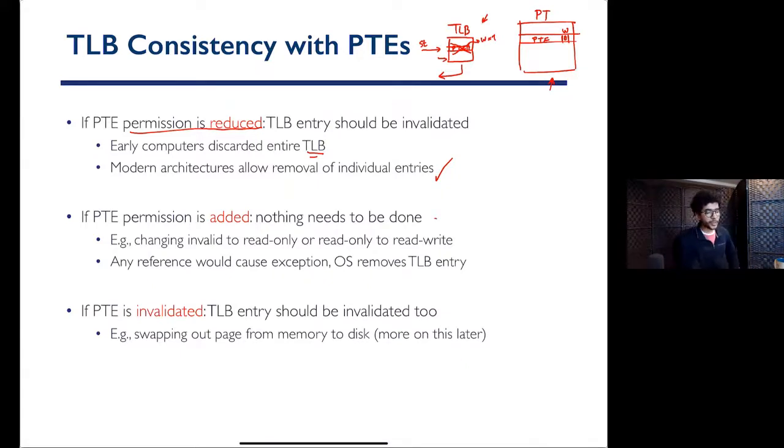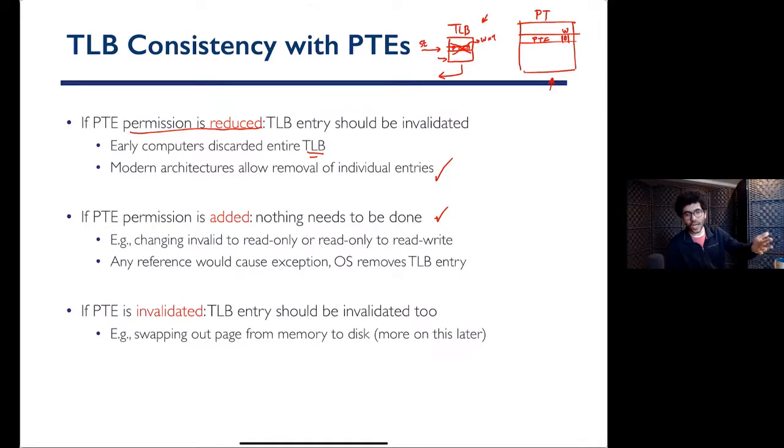What if I add permission? What if it was read only and then I made it read and write? In this case, you don't need to do anything, because in your TLB, the write bit is going to be 0. So if your process tries to access that page and write to it, the hardware is going to notice that this bit is 0, so it's going to raise an exception.